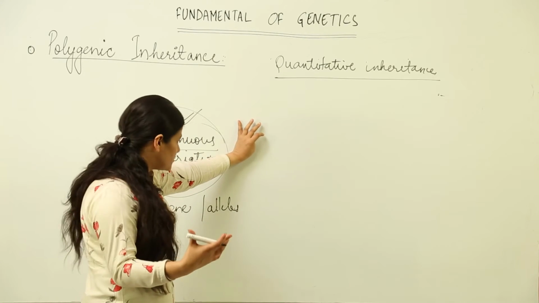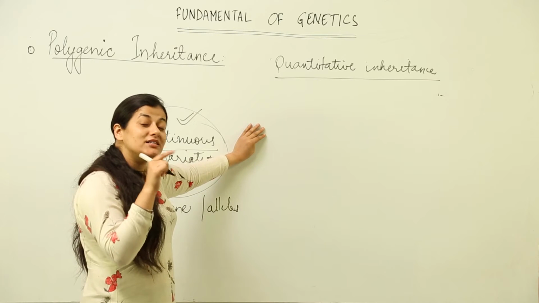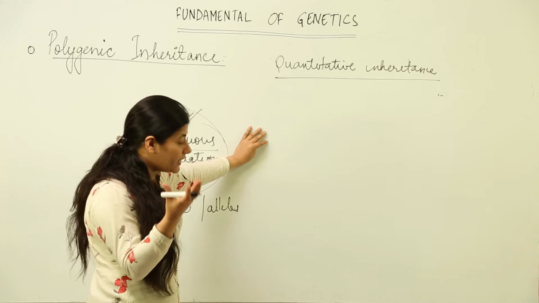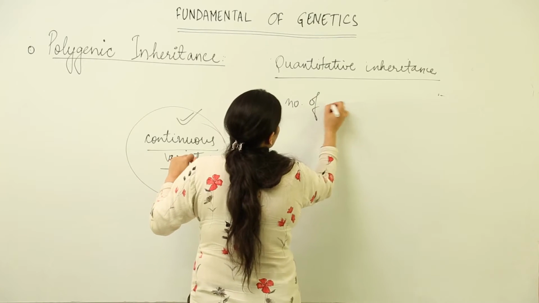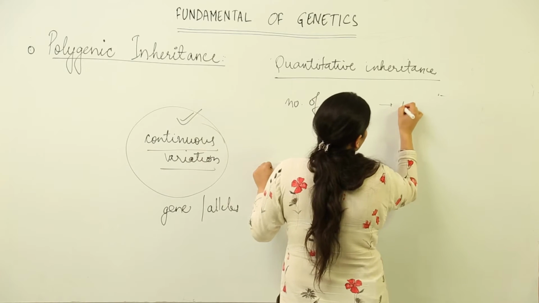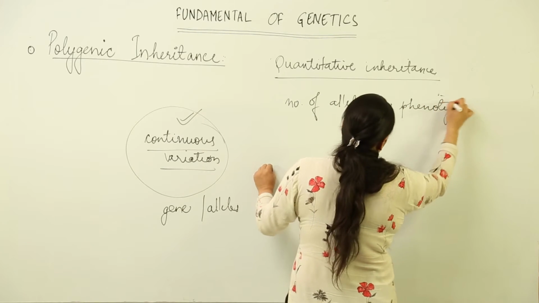I am going to repeat it: whatever the expression of phenotype, it depends on the quantity of alleles, how many alleles are present. That means the number of alleles determines the expression of a particular phenotype. Now how does it happen?